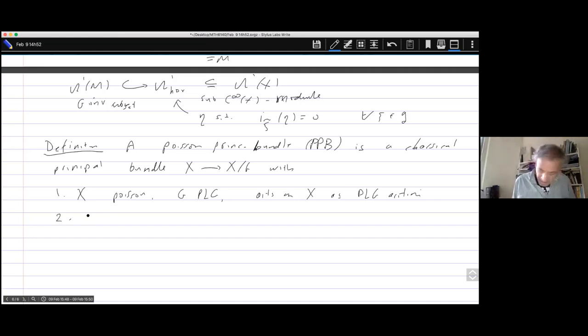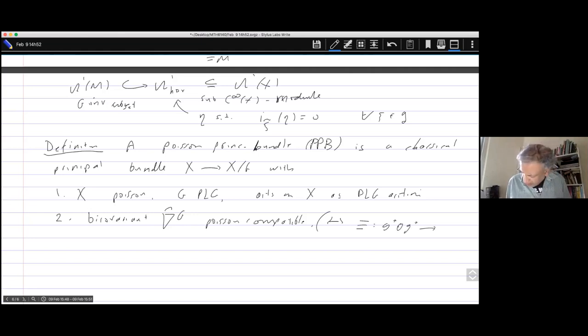2, we have a bicovariant nabla hat G. So there's a bicovariant differential structure on G, which is Poisson compatible, corresponding to some map C from G star tensor G star to G star. 3, there's a connection nabla hat X, which is a differential calculus on X. This is Poisson compatible and PLG covariant, as I just explained.